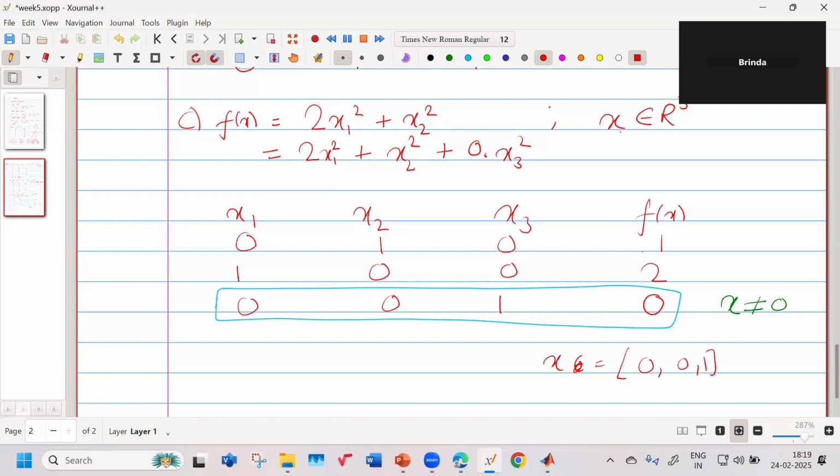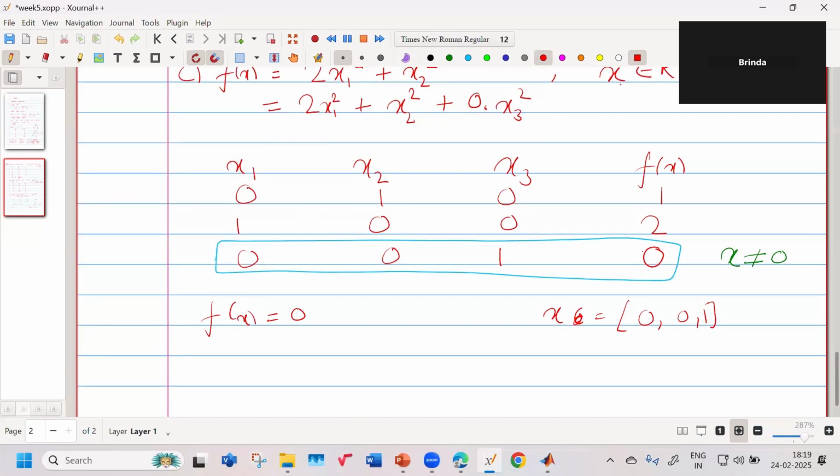So x is not equal to 0, but your f of x has come out to be 0. So that means this is a positive semi-definite function.